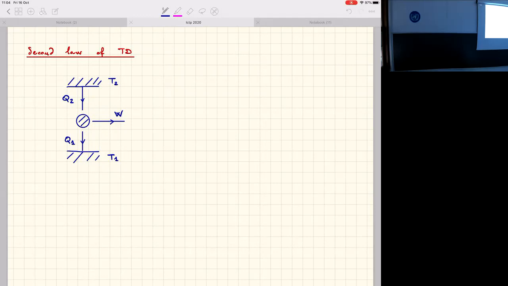So the important thing is that T2 is greater than T1, right? So this is an engine that does work.